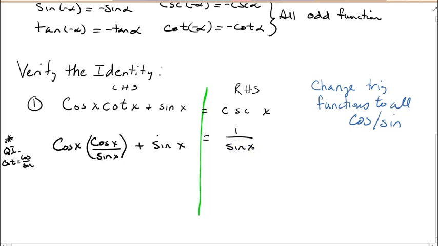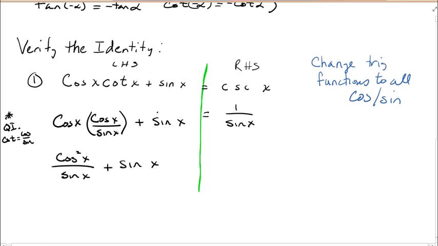And you'll see later on it really doesn't matter if you do that or not, because you can apply something to the other side. But let's continue. Cosine times cosine, of course, is cosine squared x over sine x. You do not need to justify when you just use a basic algebraic property. So I multiplied two cosines together. I don't need to justify that.